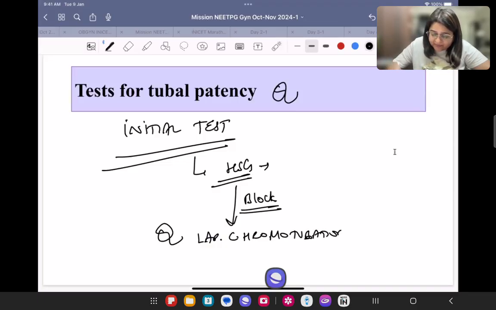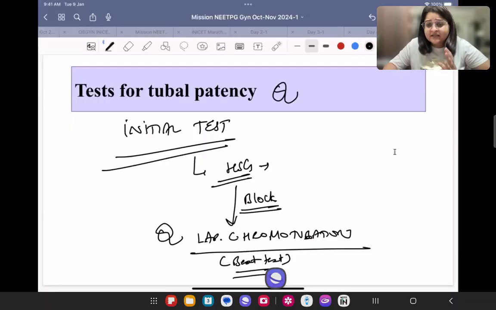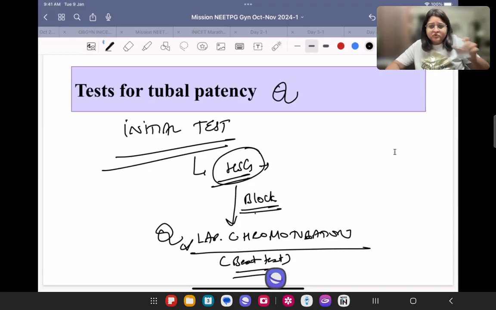Okay, so the best test is a laparoscopic chromotubation, but because it's a laparoscopy, it's a surgical intervention, right? You will not do it as the initial choice. The initial choice is always an HSG unless there's a contraindication. If there's a block, the next thing you would do is a laparoscopic chromotubation.